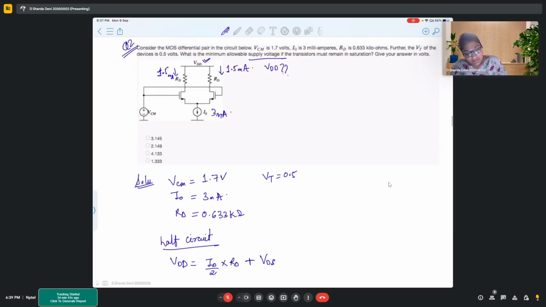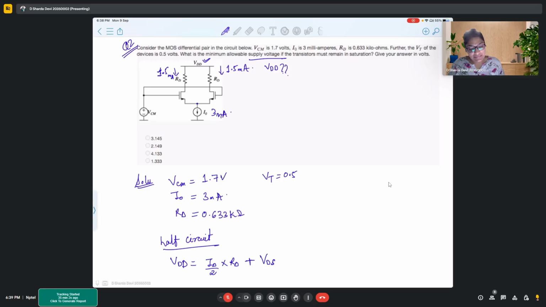So VDD is used as a drop across RD and a drop across this particular transistor, considering that since it is an ideal current source, there is no drop across it.